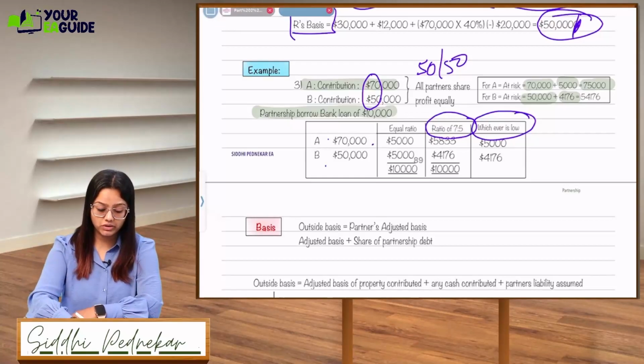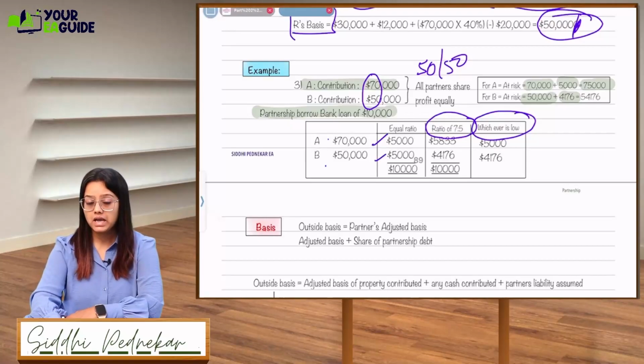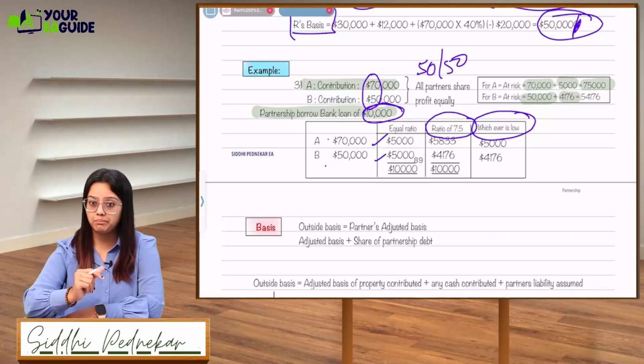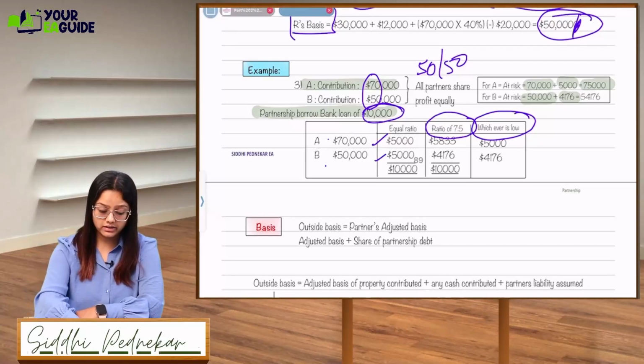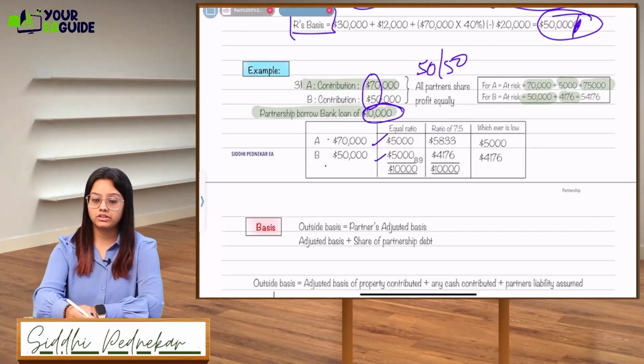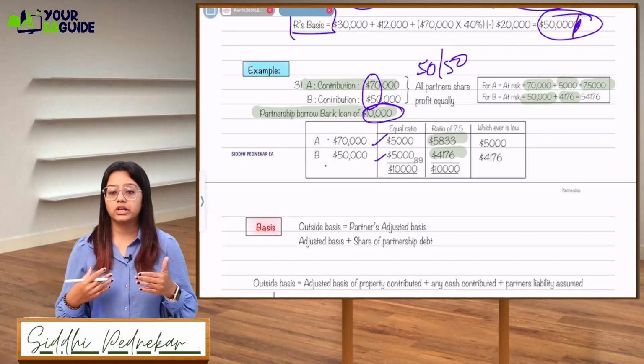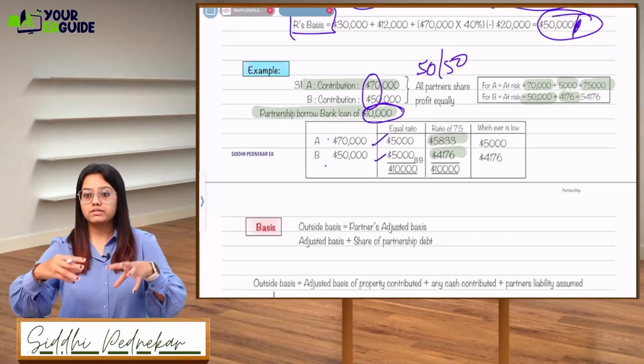The equal ratio will come to 5,000, right? But if they allocate this 10,000 in the ratio of 7:5, the capital contribution ratio, then what will happen is 5,833 for Mr. A, and for Mr. B it will be 4,176. So whichever is lower, you are going to allocate to them as the at-risk value.